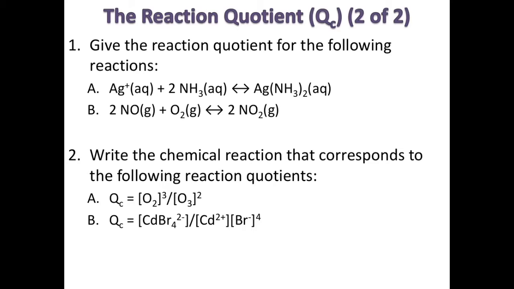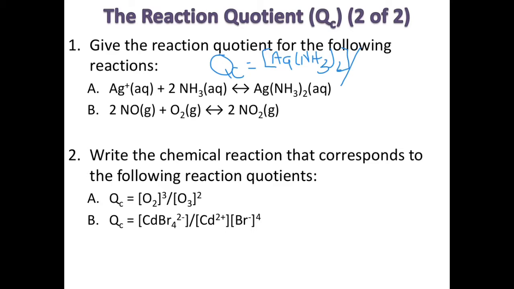So here we are. We've got two reactions here, and we need to look at the reaction quotients for each of these. In the first reaction, Qc is the concentration of the product, Ag(NH3)2, and there's only one of those.